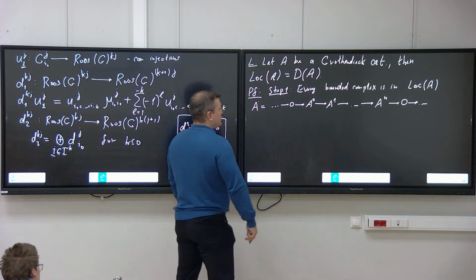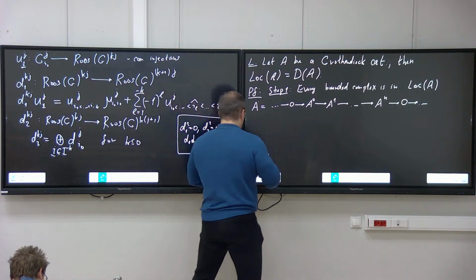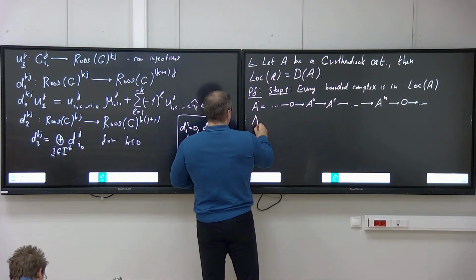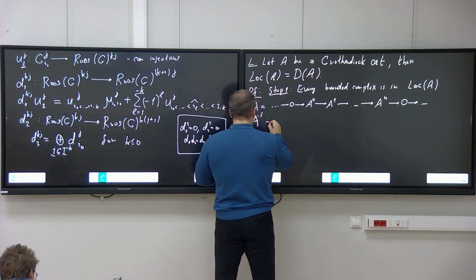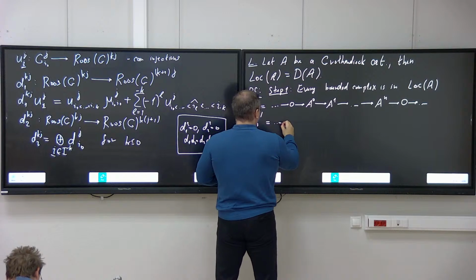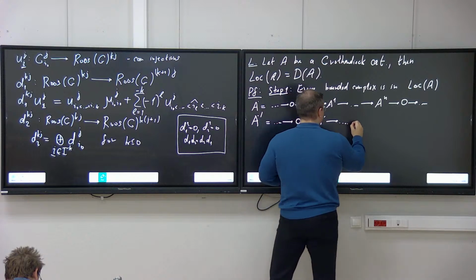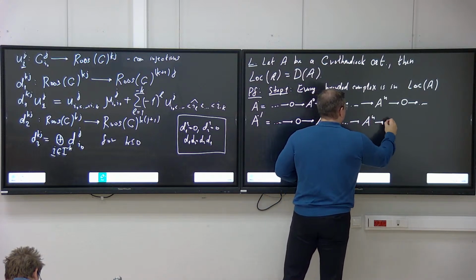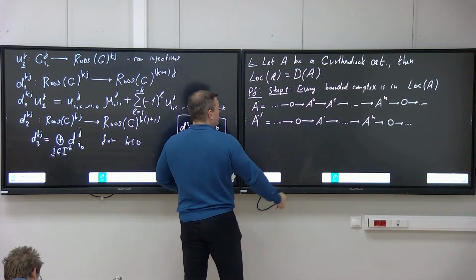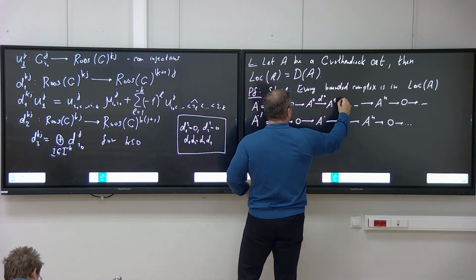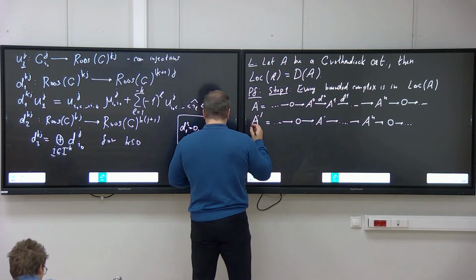Without loss of generality, I can assume that it lives in degrees 0 to n, otherwise I can just shift this. Then I can look at the complex which I'm going to call A prime, which is really just the same complex from which I erase the A0 term. Right? And then the differentials, let's call them d0, d1, etc. in this complex.